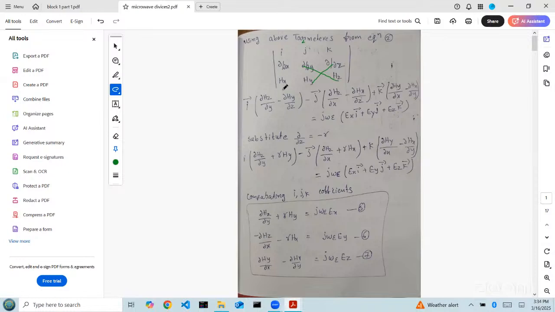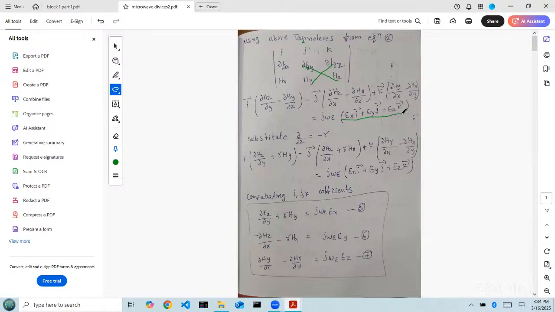Just observe 3.2 in the textbook. What do you have? J omega epsilon is there. From 3.2 we wrote the LHS part. What is the RHS part we have? J omega epsilon E. E is written as EX of I, EY of J, EZ of K, splitting the E term.